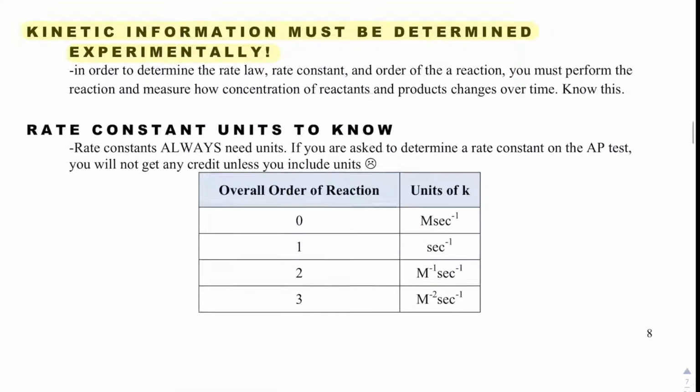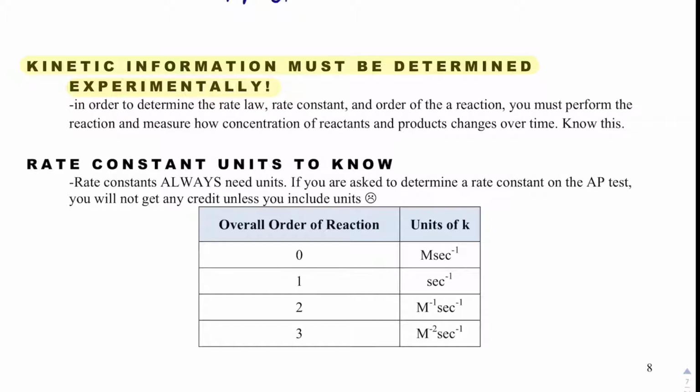And here is how we can get the rate constant units. So the rate constant is K, and so if I have rate equals K, and I'm just going to be simple here and just say A to the first, B to the first. My rate is always in molarity per second, and A will always be in molarity, and B will always be in molarity.